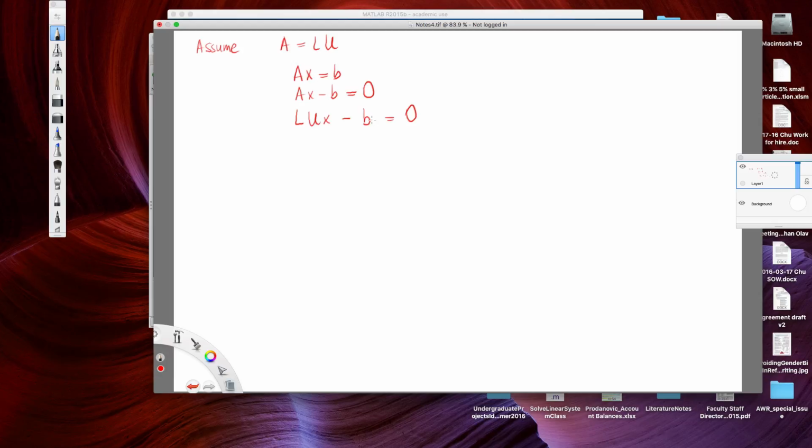So now, if I find D such that LD is the same as B, I can replace B with LD. So then I have LUX minus LD is equal to 0. So it's L times (UX minus D) is equal to 0.